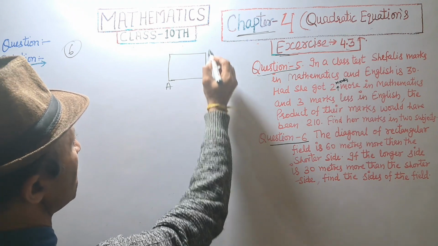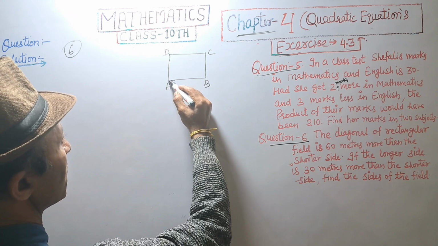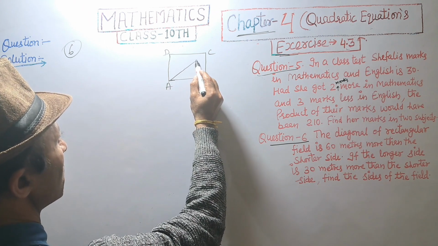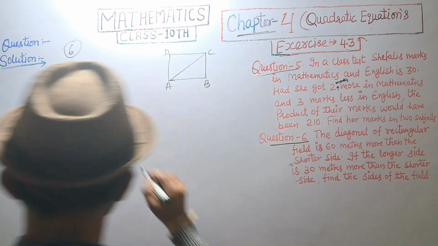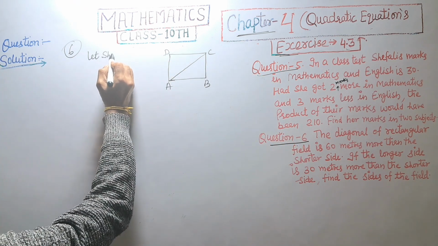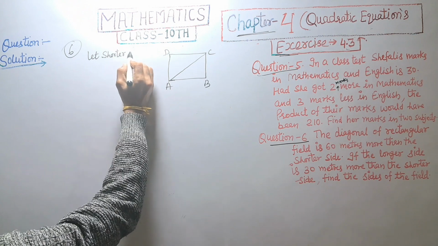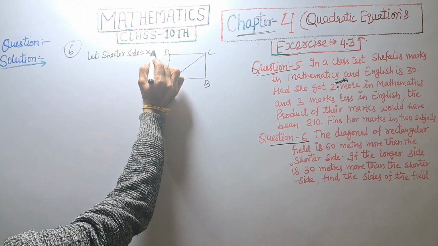A, B, C, D. It's a rectangle, and let the shorter side be equal to x meter.